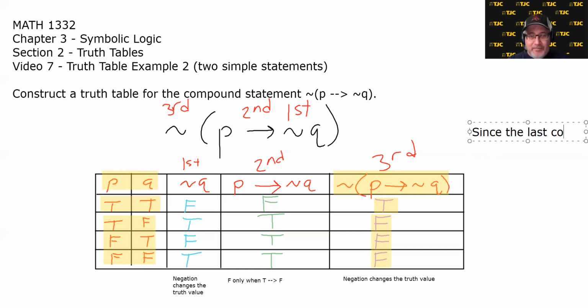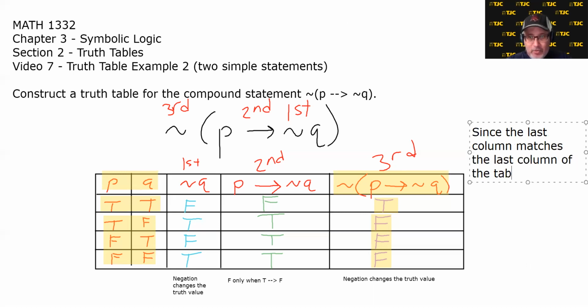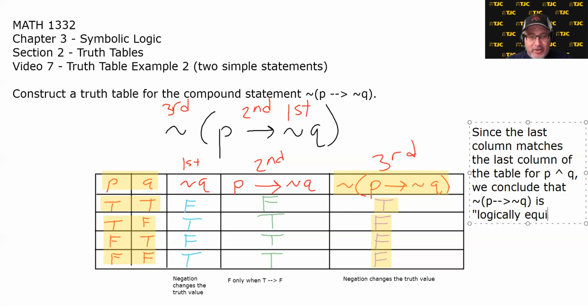Since the last column matches the last column of the table for P conjunction Q, we conclude that negation of P conjunction negation of Q is, quote, logically equivalent, unquote, to P conjunction Q.